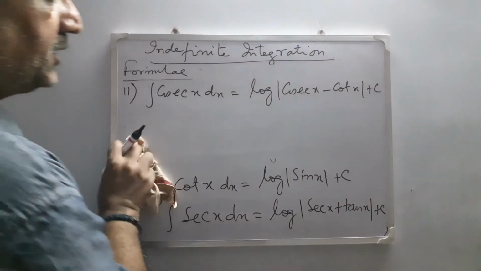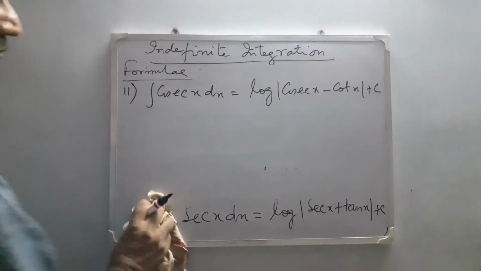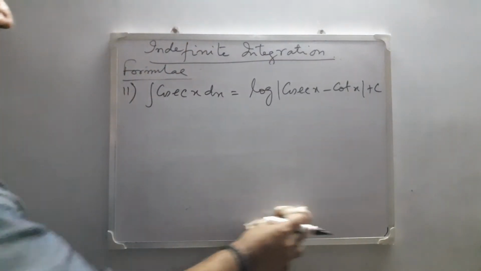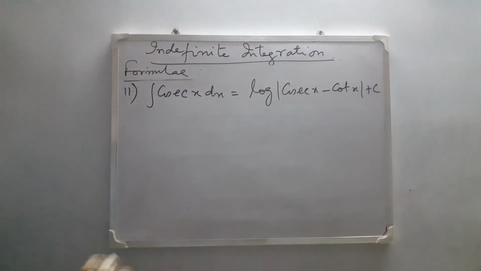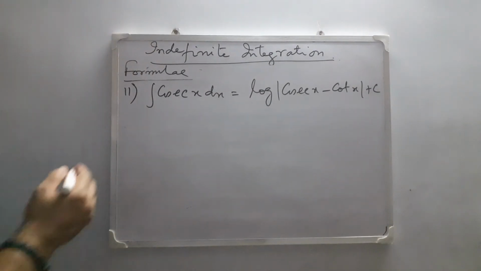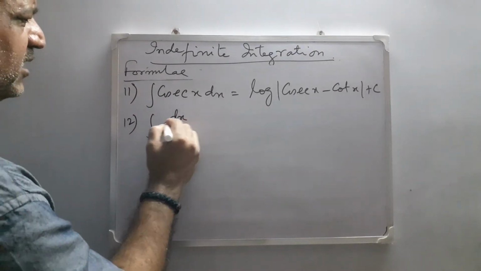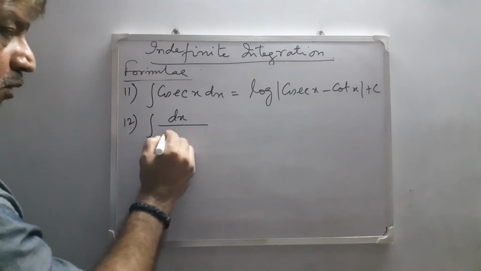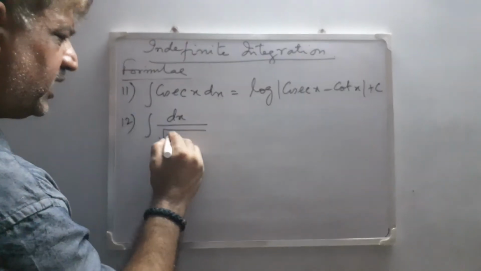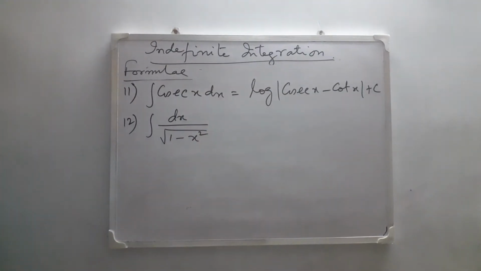Now number 12, integral dx by root 1 minus x square.